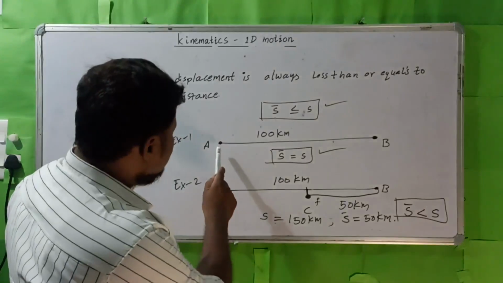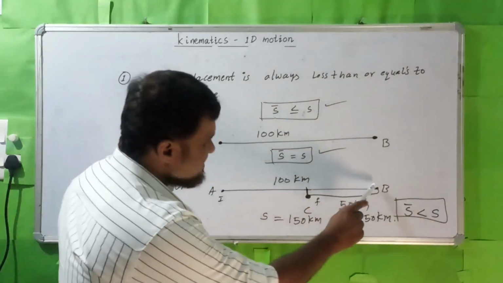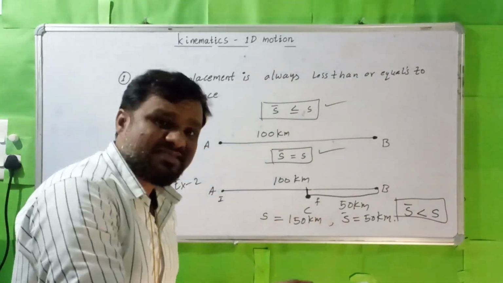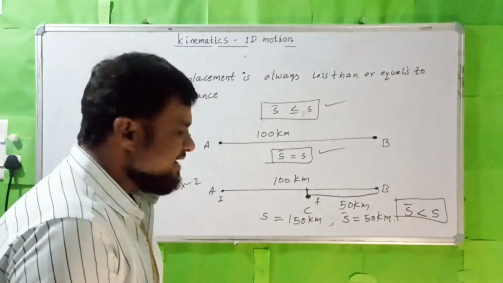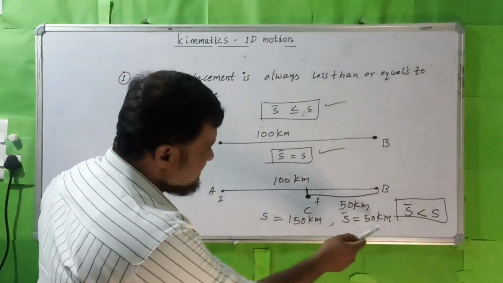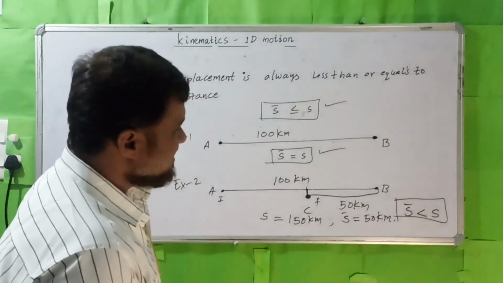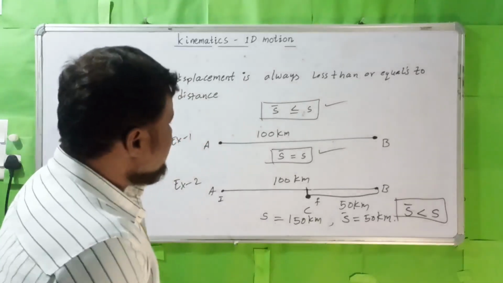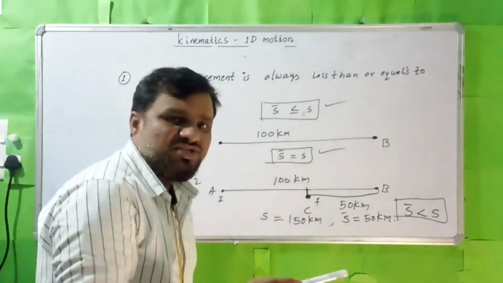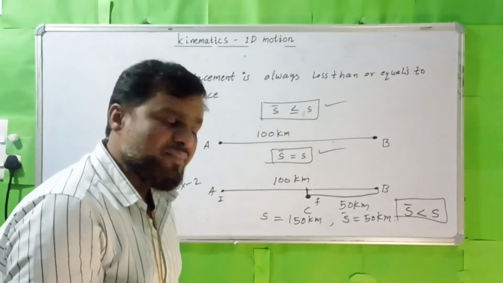If you observe, it is moving, distance never decreases, it is still increasing. But displacement can decrease, and displacement decreases here. Understand? Another important statement: displacement may be zero, negative may be zero.